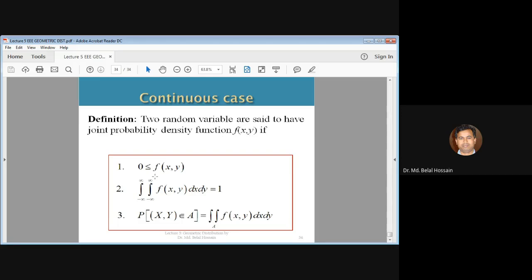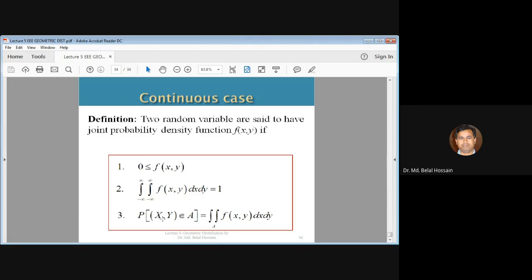Okay, যদি তাদের প্রবাবিলিটিটা greater than or equal to 0 হয়, কন্টিনিউয়াস কেস হলে সব সময় প্রবাবিলিটি ডেনসিটি ফাংশনকে ইন্টিগ্রেশন করে বের করতে হয়। So we have two random variables here, so with volume element dx dy, if you sum over the whole sample space, it will produce 1.